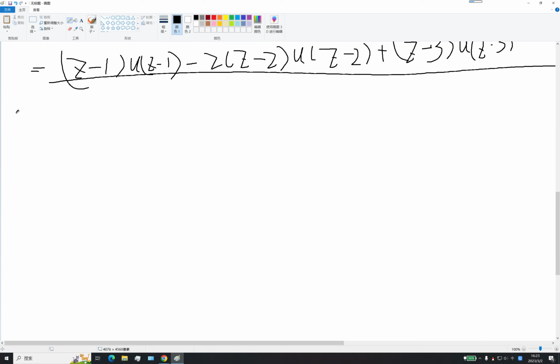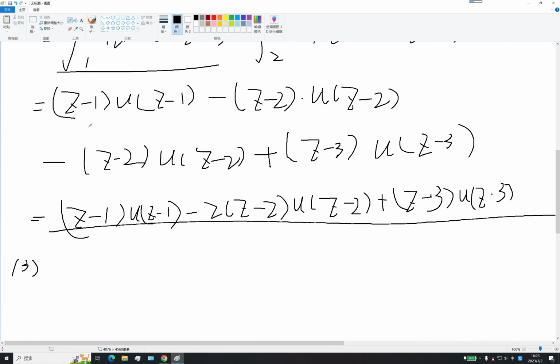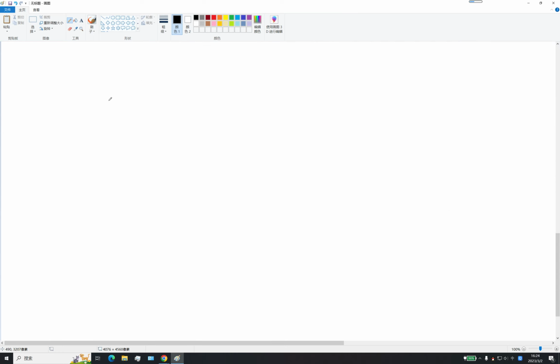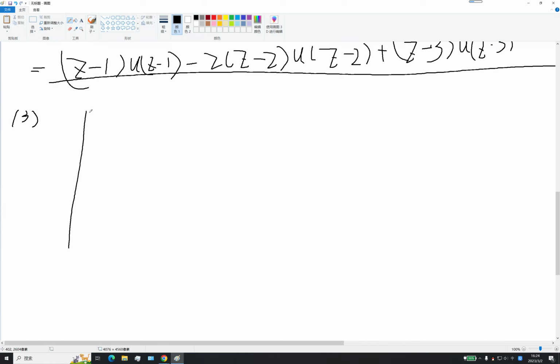And now let's look at the geometric method. From the equality, we know that X is between 1 and 2, and Y is between 0 and 1. So we can draw the graph. It's like this, the X and Y axes. X is between 1 and 2, and Y is between 0 and 1.